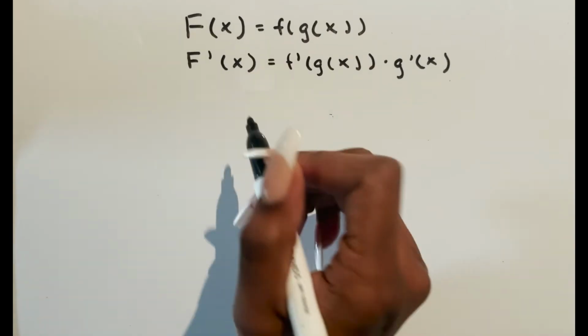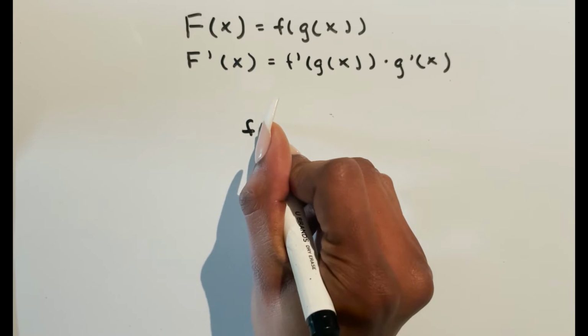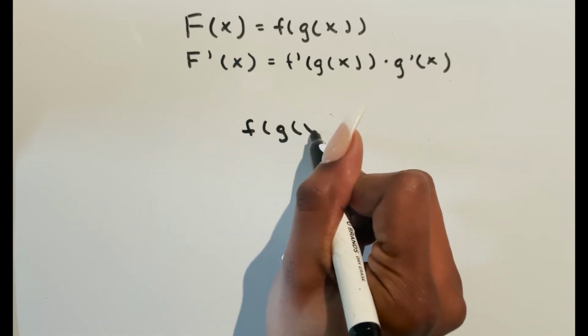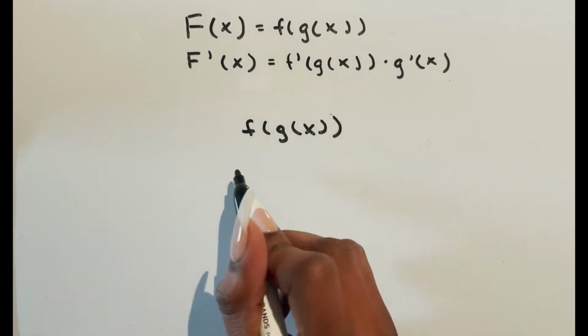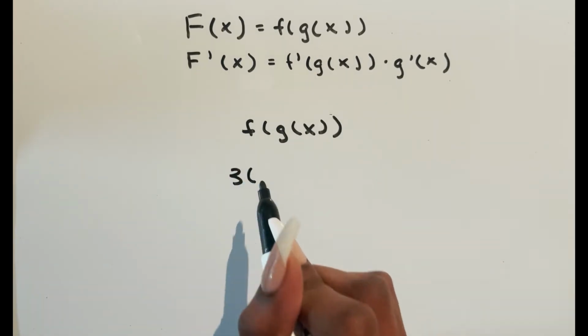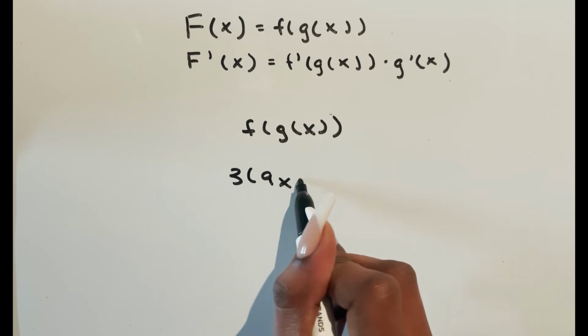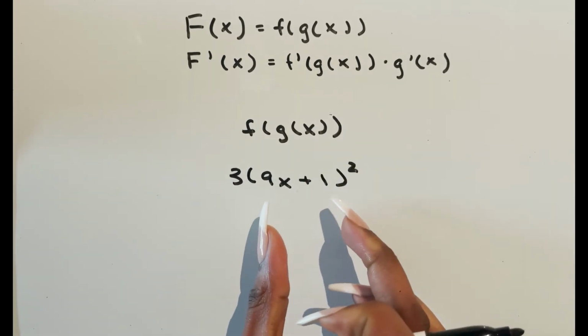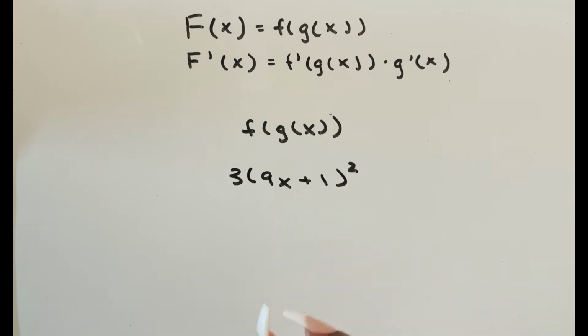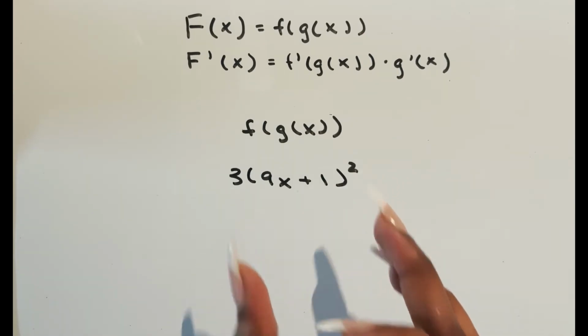Now, a composite function looks like this. F of g of x. This is a composite function. We can usually identify a composite function by its parentheses. For instance, we may be given some function like 3 times (9x plus 1) squared. And here we see that we have stuff inside of the parentheses and we have stuff outside of the parentheses.